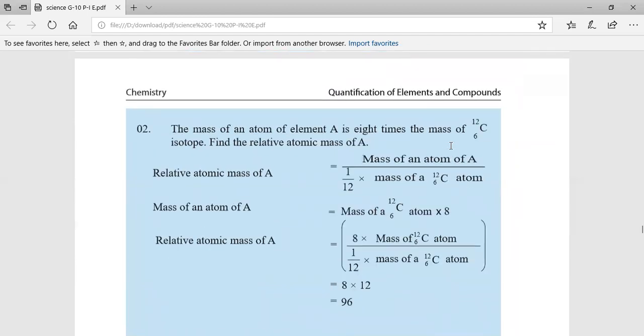Then another example. The mass of an atom of element A is 8 times the mass of the carbon-12 isotope. Find the relative atomic mass of A. How do we find it? Here is the equation, and we apply the data.